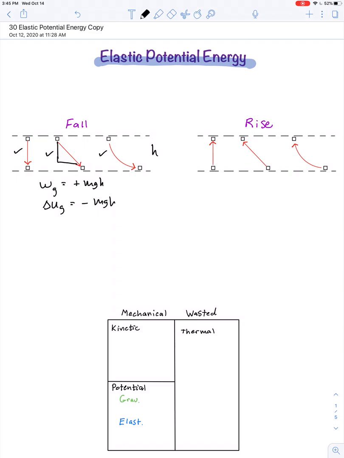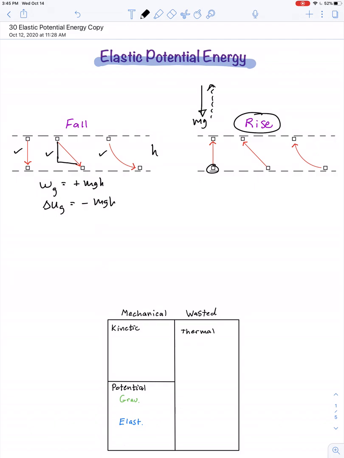What we didn't investigate is what would be the work done by gravity, or the change in potential energy, if the object were to rise. Well, if the object is lifted straight up, for example, then the force of gravity points down, but the displacement points up.